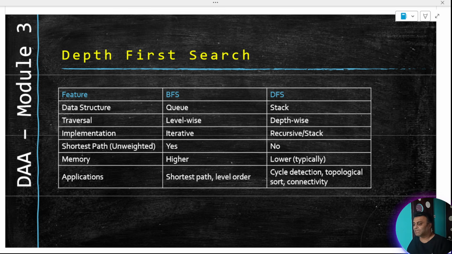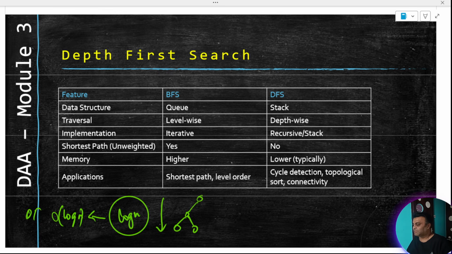Next lectures we will see that memory is higher for a breadth first search because the search for going down, like if you go down like this, this height is going to be of the order of log n, and that is what the order of a depth first search is, right?